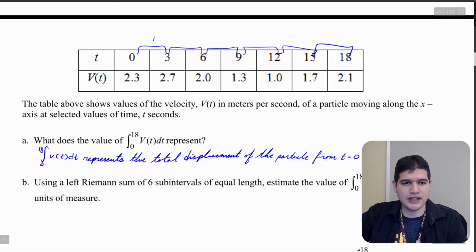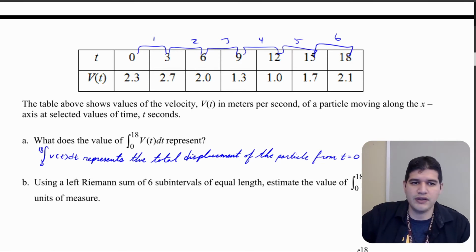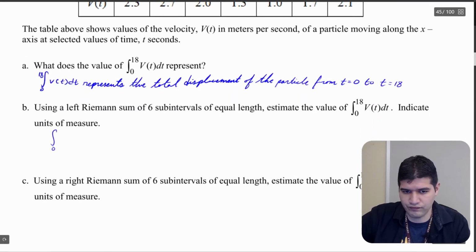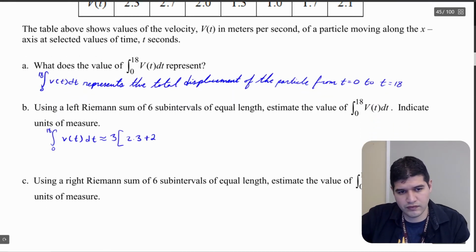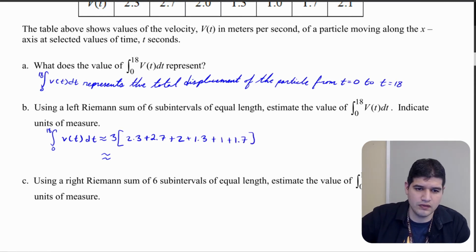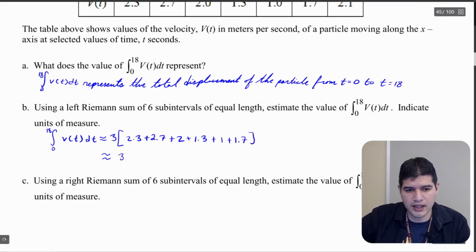And that also gets me 1, 2, 3, 4, 5, 6 intervals. So I don't have to change anything up. It's just going to be a really straightforward Riemann sum. So let's go ahead and write that out. When I add all those up, I get about 33, and my unit of measure is going to be in meters.